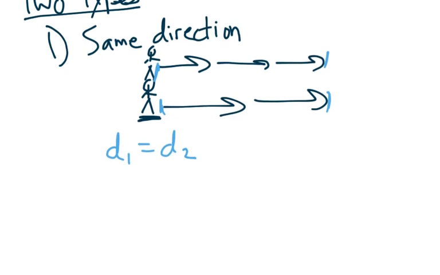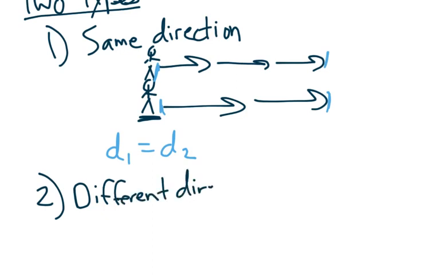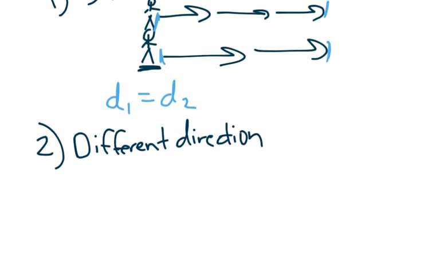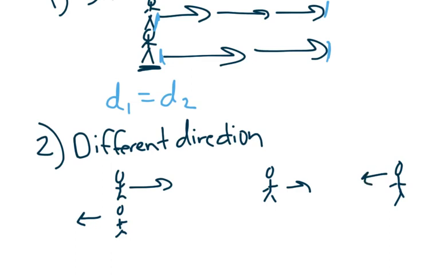Now, the second type of problem we have is different direction. Different direction problems can go one of two ways. You have people who are either starting off at the same location and then going in different directions, or they're at opposite ends and they are meeting up in the middle or something like that.